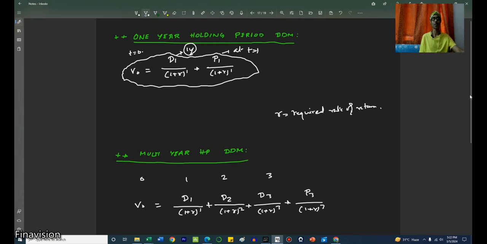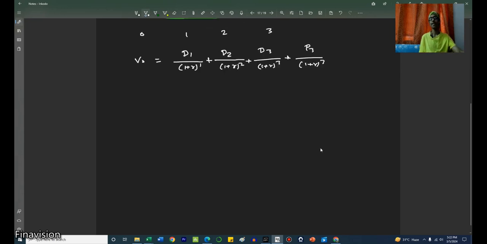So this is basically a summation, right? We can write it in a different expression also. Here we write it like this: summation of Di by (1 plus r) to the power i, for i equal to 1 till n, plus Pn by (1 plus r) to the power n, n being the final holding period.